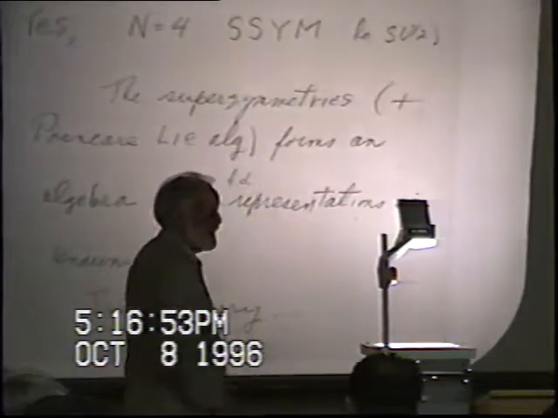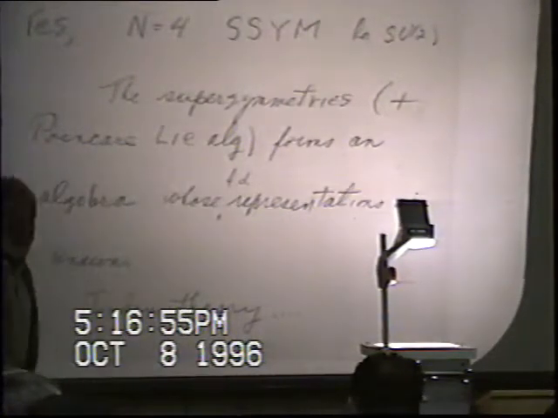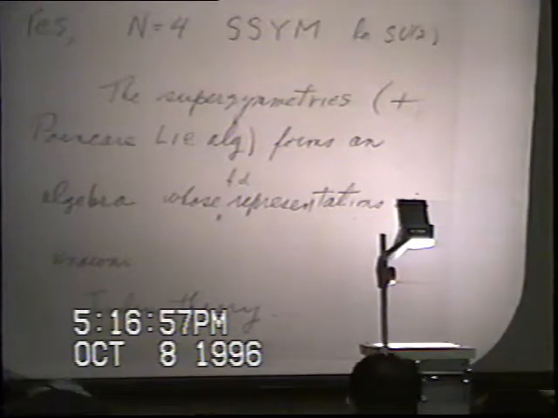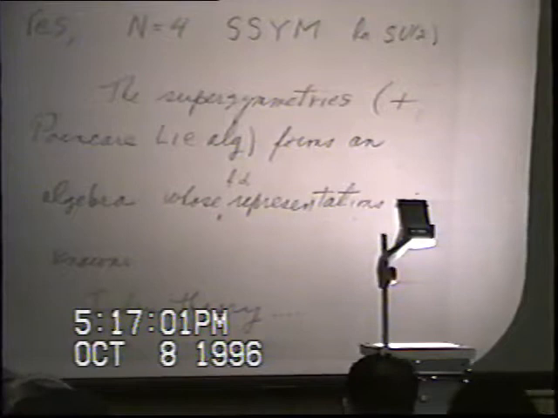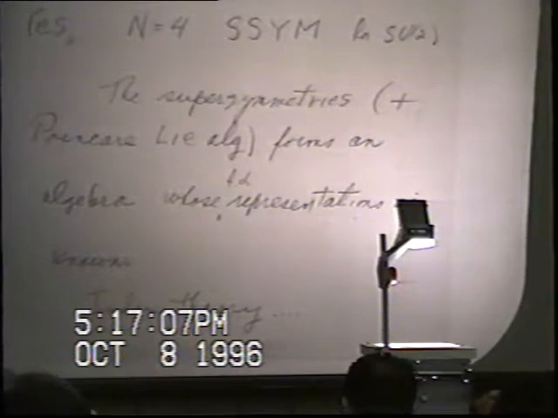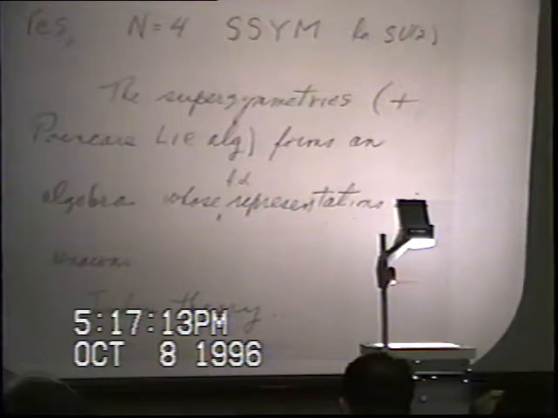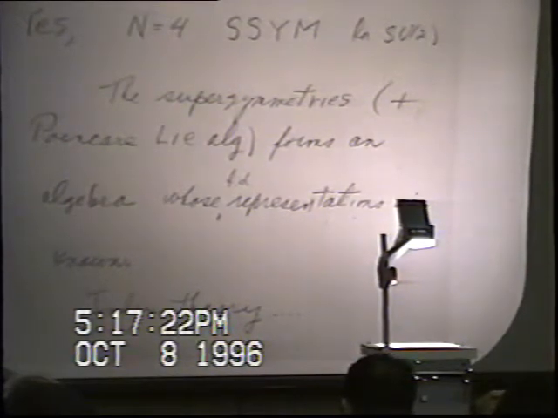What's missing for us is the study of supersymmetries, and that supersymmetry algebra that combines the Poincaré algebra with the supersymmetries. That's a super Lie algebra. And that is the algebra that plays a very critical role in this theory.